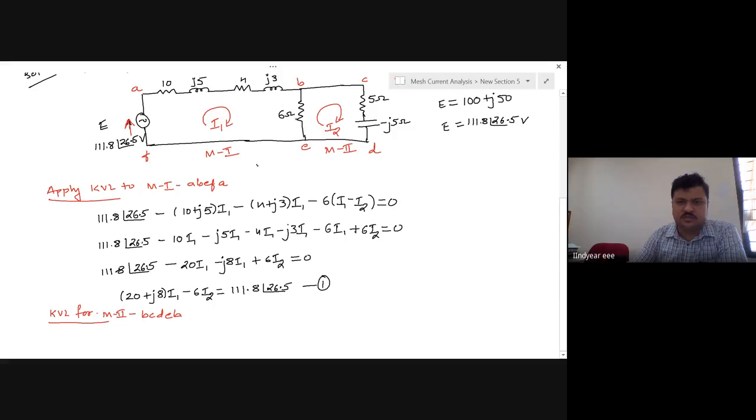Current I2 is flowing through the 6 ohm and I am looking at that from mesh 2. Therefore, it will be minus 6 into (I2 minus I1) minus (5 minus J5) into I2 equals 0. So there are only two terms in mesh 2.